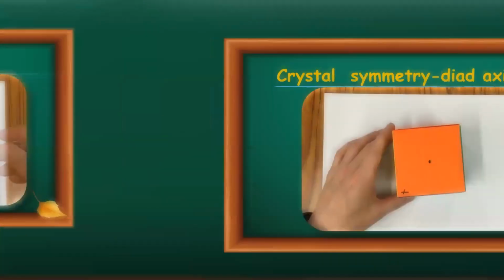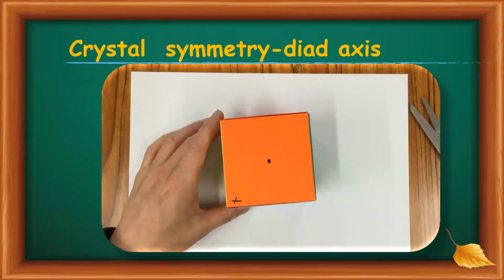And the next is the diad axis. The diad axis is passing through the midpoints of diagonally opposite edges.